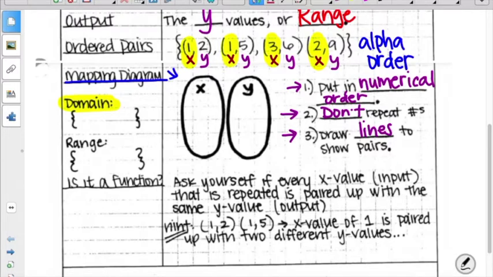So it would be 1, 1, 2, 3. But we don't repeat any numbers, so we're only going to include one of the ones. So I'm going to write 1. The next one in numerical order would be 2 and 3. So in my x bubble, I'm going to write those 1, 2, and 3.